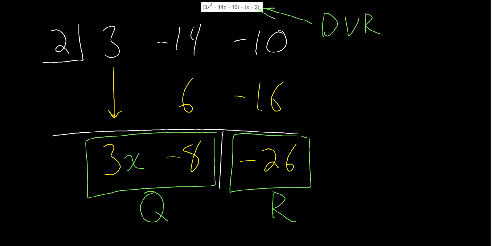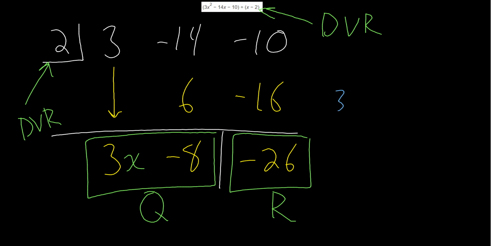Or alternatively, this is my divisor, just with the opposite sign of it. As long as you're okay knowing that, the divisor is a 2, therefore my divisor is going to be my x minus 2.